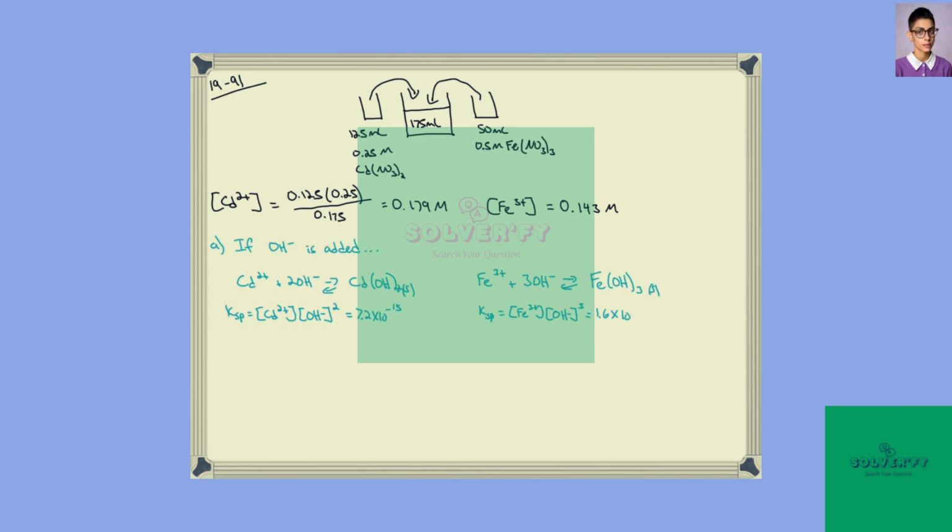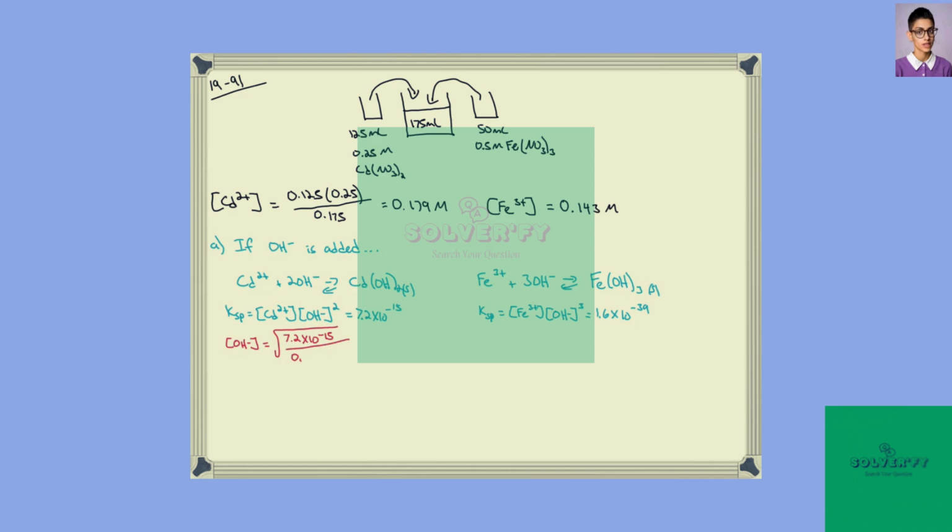KSP will be equal to the iron concentration, which we calculated up here, multiplied by the hydroxide concentration cubed, because three of them are going to react, and we look up that value, and it's 1.6 times 10 to the negative 39.